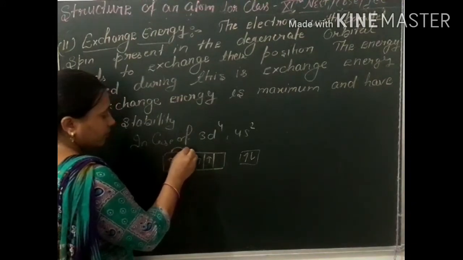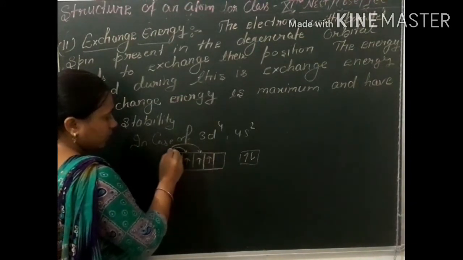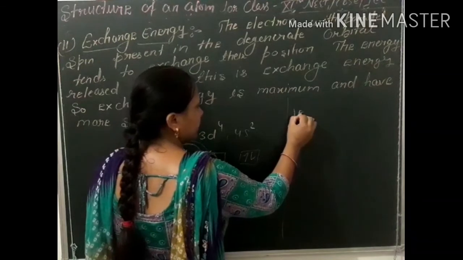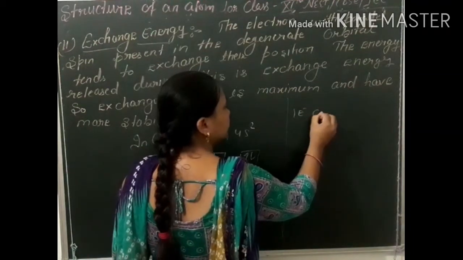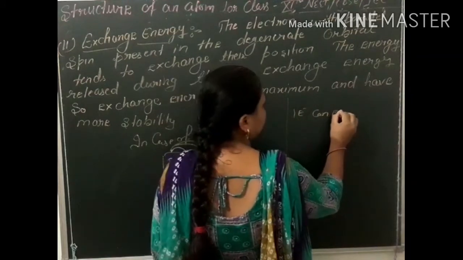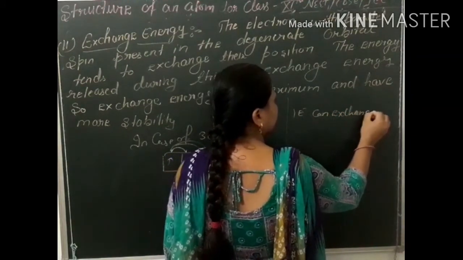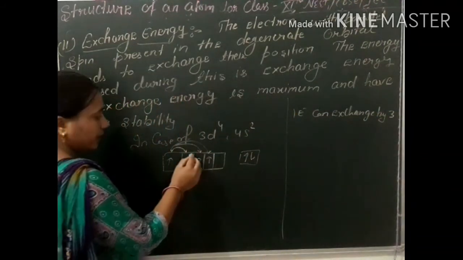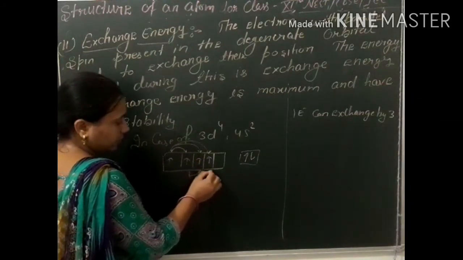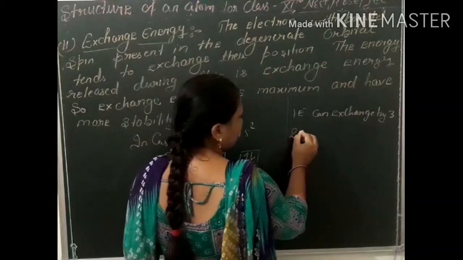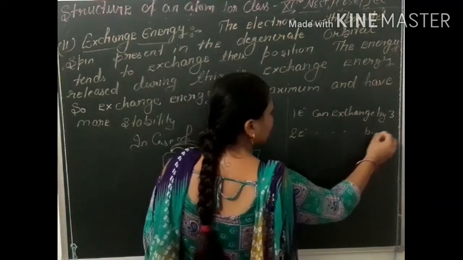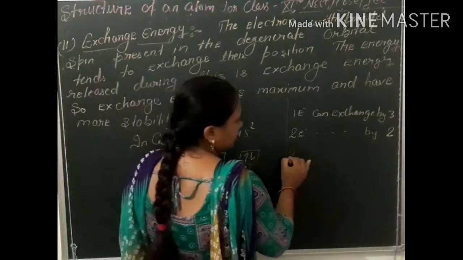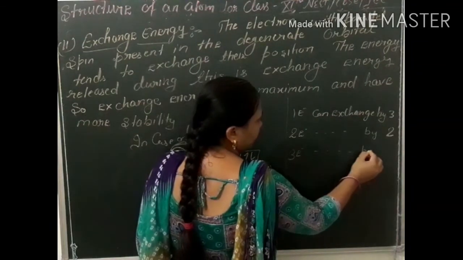Now we can write here, first electron can exchange by 3 ways, and the second electron can exchange by 2 ways, and the third electron can exchange by only 1.